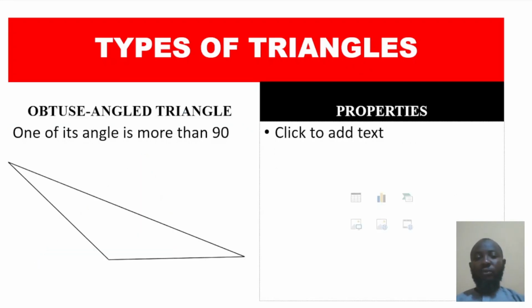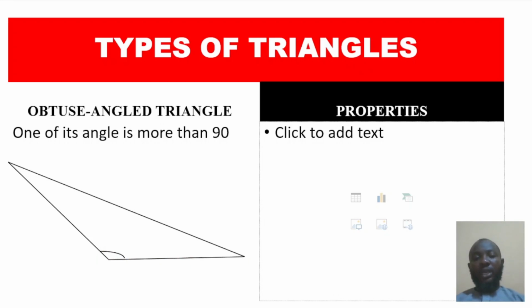Then the obtuse angle triangle is the next one. Here, one of its angles, this angle you can see here, is an obtuse angle. It is an obtuse angle because it's more than 90 degrees. As you can see, it's not a square corner.